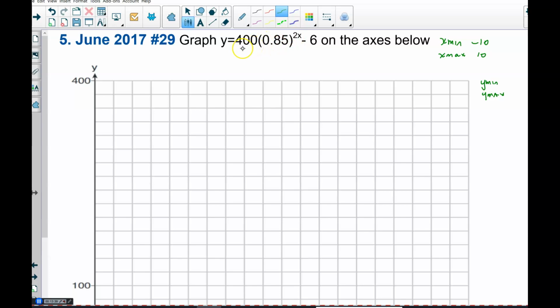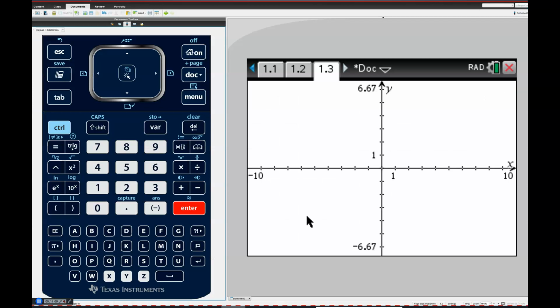So I know that it's going to be going up to at least 400, and then we're subtracting 6. So I'm going to say that let's estimate the maximum value being 600. It may be smaller, but we can start off that way. And for the minimum value, I'm just going to go -100. I know the function is just going to be, there's a shift of -6, so it's not going to be really below -6, but let's try this out.